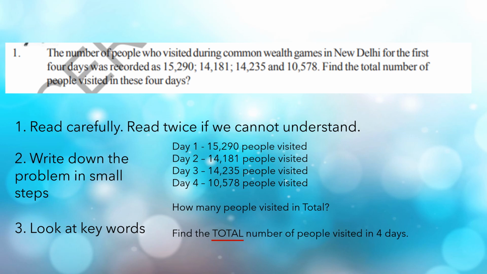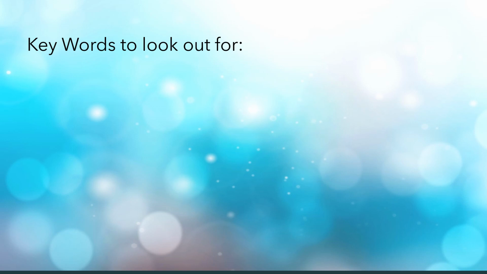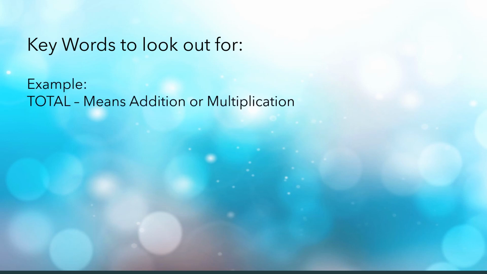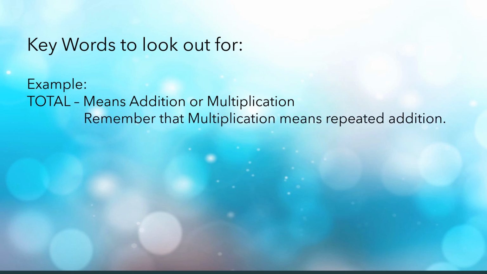If you read the problem carefully, you will grasp what the keyword means. But I am giving you some examples to help you understand how to identify keywords and see what they mean in a problem. So let's look out for some keywords. Example, total. This means we have to do addition or multiplication. Remember that multiplication means repeated addition. Difference, by how much, how much is left.